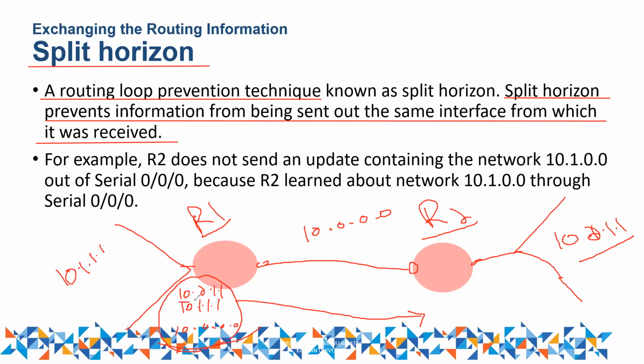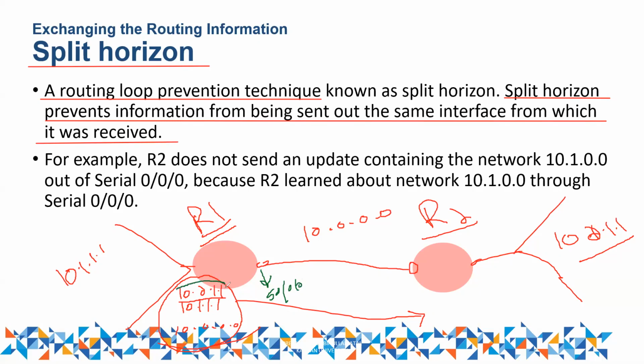One is about 10.2.1.1. And remember, dear students, R1 received this information on which interface? On this interface. Let's suppose this is serial 0/0/0 interface, okay?